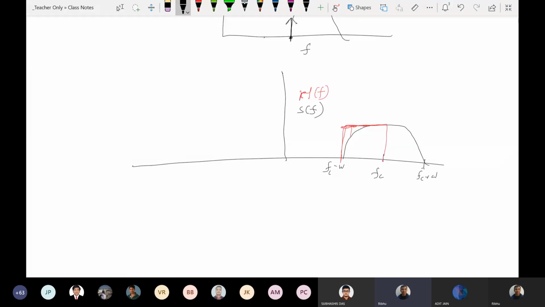There's one fundamental difference between this filter and the filters that we have considered till now. All the other bandpass and low pass filters that we considered before were supposed to filter out frequencies that were quite distant.